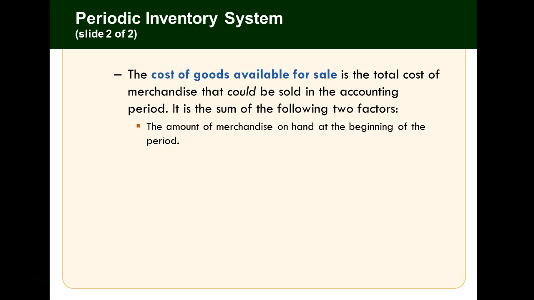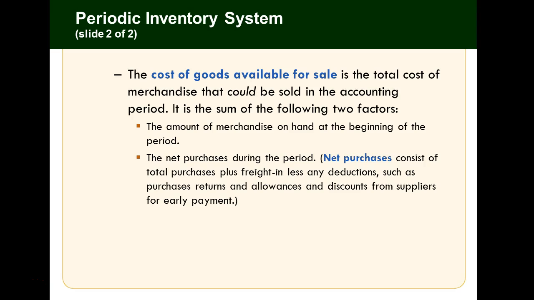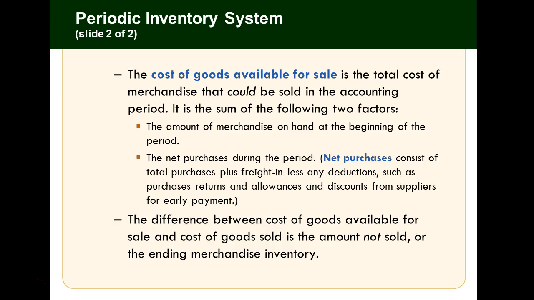Cost of goods available for sale include merchandise that's on hand at the beginning of the period, plus any purchases we've purchased during the period. The difference between cost of goods available for sale and cost of goods sold is the amount that wasn't sold at the end of the year, or what we would call the item sitting in ending inventory. Okay?